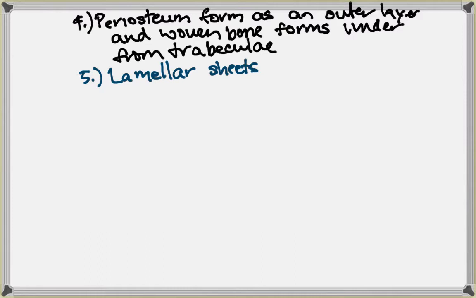The concentric ones form the osteons, or those circular structures in the compact bone, right? And so these lamellar sheets will form from the woven bone between the periosteum and the new spongy bone that's forming.